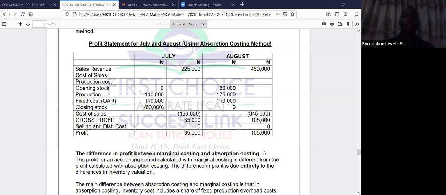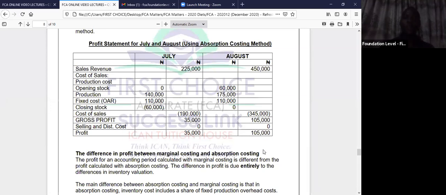I was explaining that whenever you have opening stock and closing stock together, you need to look at the net effect. So if you look at opening stock and you compare it with the closing stock, let's say, for example, your opening stock is 60 and your closing stock is 35.